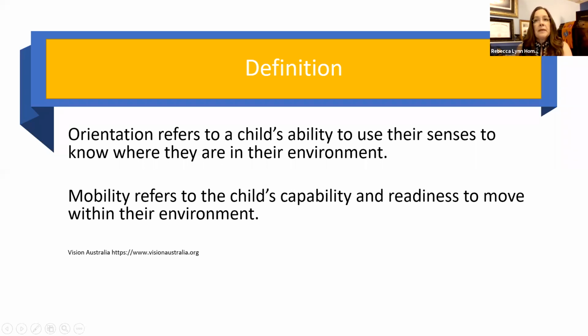Orientation integrates perceptual and cognitive learning. Additionally, integrating the sensory information needed for orientation requires conceptual development that includes, among other things, body schema, body-to-body relationships, body-to-object relationships, and object-to-object relationships.